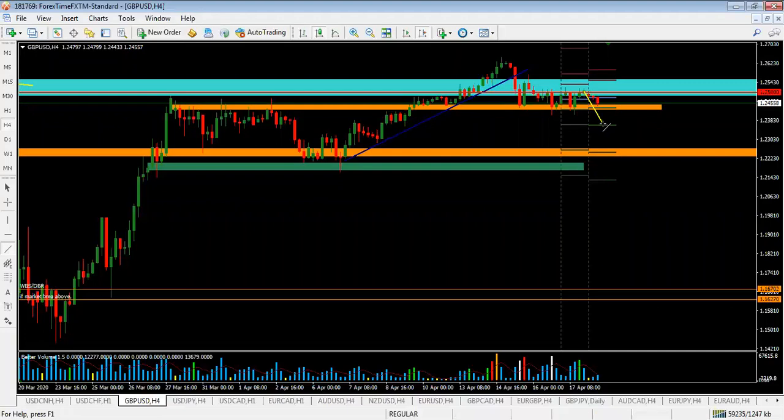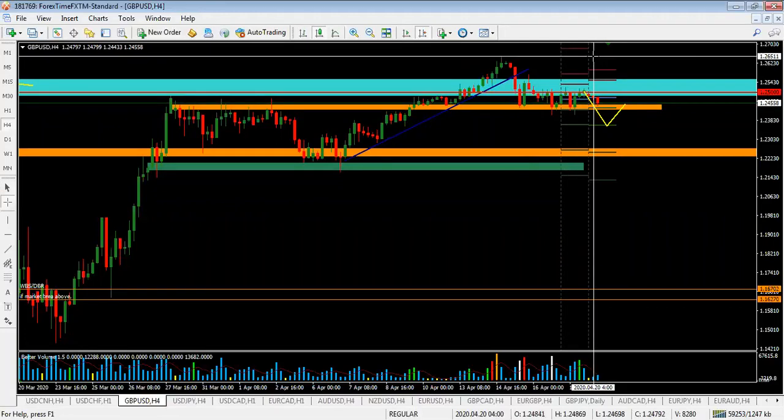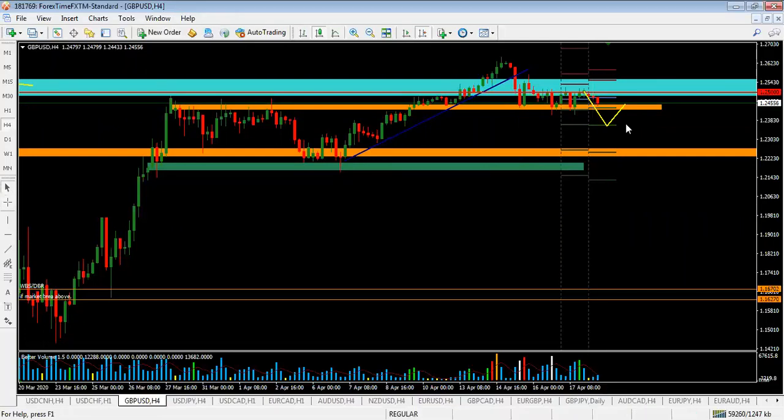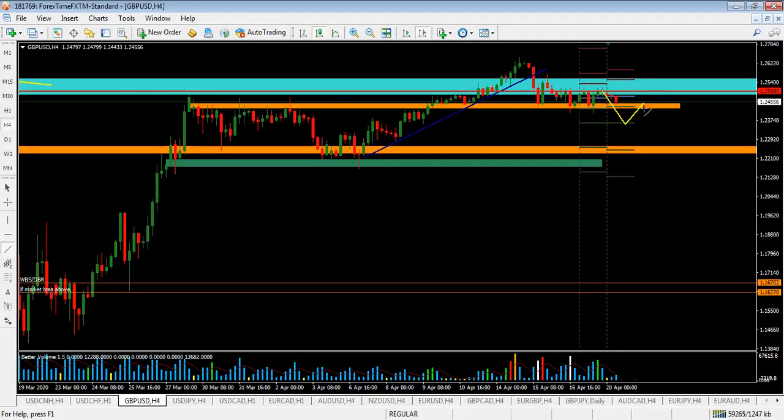Once we can have a break below here, on the retest, we can open a sell at this point, around the 124,400, and we'll have a stop loss here around the 126,500. So we believe that price will want to come down first to target this area here, because this was a different level of structure.